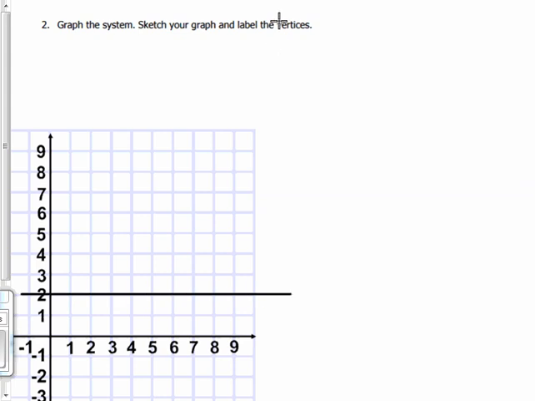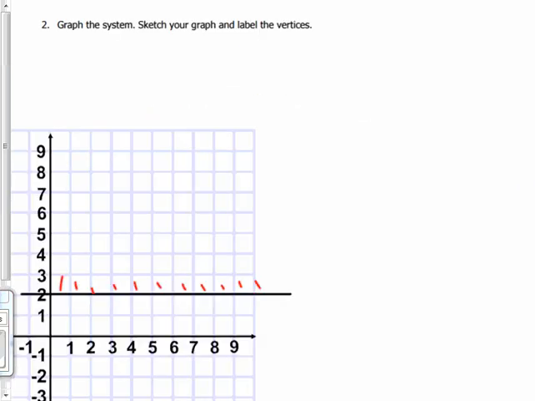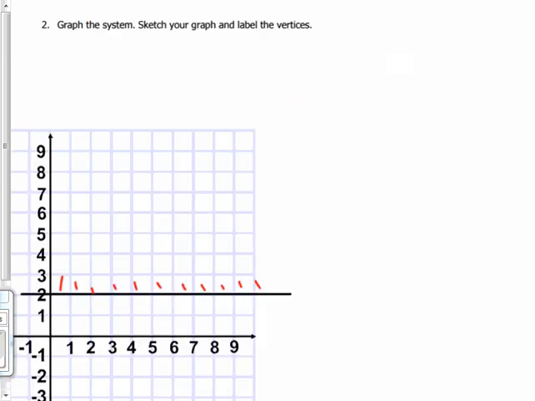Okay, so I'm going to shade just slightly above that. And less than or equal to 8. Oh, those are X's. Sorry. X is greater than or equal to 2 and less than or equal to 8. Okay. Rats.